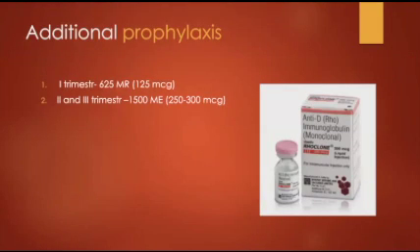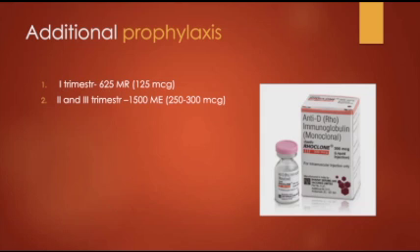Sometimes additional prophylaxis may be done. It can be done in the first, second or third trimester. The dose of immunoglobulin is different depending on the trimester. If additional prophylaxis is done, we usually do it when we have bleeding during pregnancy.